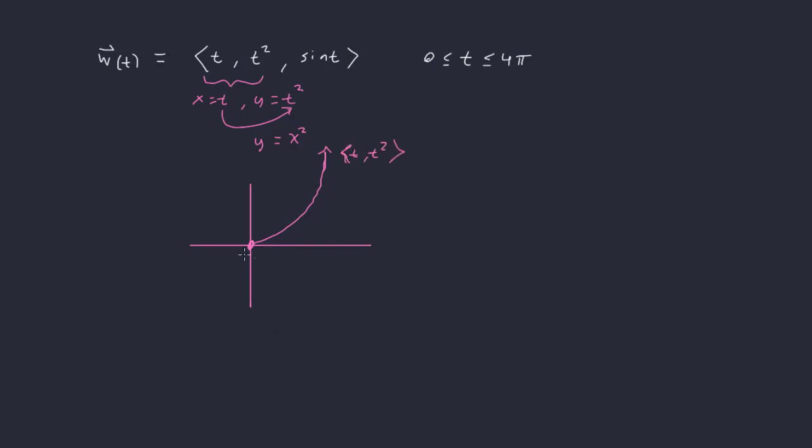Okay, but as we go along, the z, on the other hand, is going to be oscillating up and down. And this is not exactly what it's going to look like at all, okay? I'm just kind of trying to give myself an idea of what's happening. So sine of t, we know if we're doing z versus t, we'll get our usual sine wave.